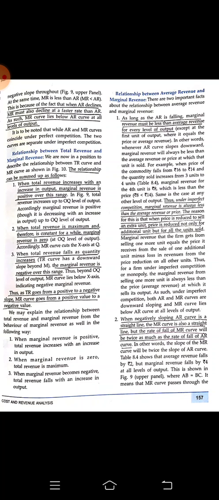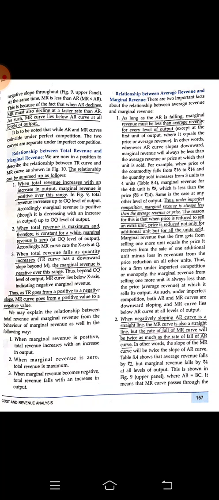Thus, under imperfect competition, marginal revenue is always less than the average revenue or price. The reason for this is that when price is reduced to sell an extra unit, price is reduced not only for the additional unit but for all the units to be sold.